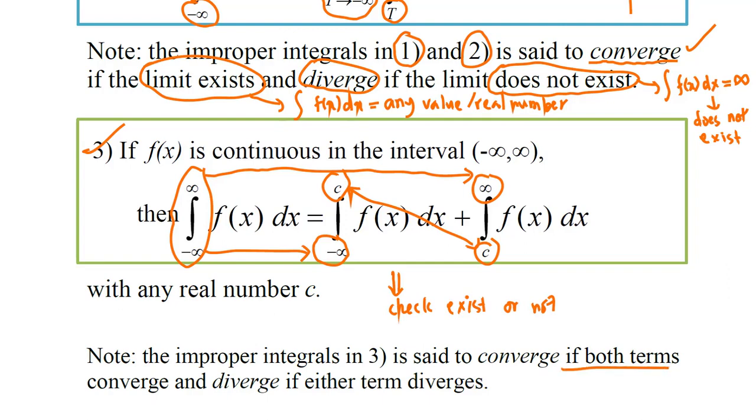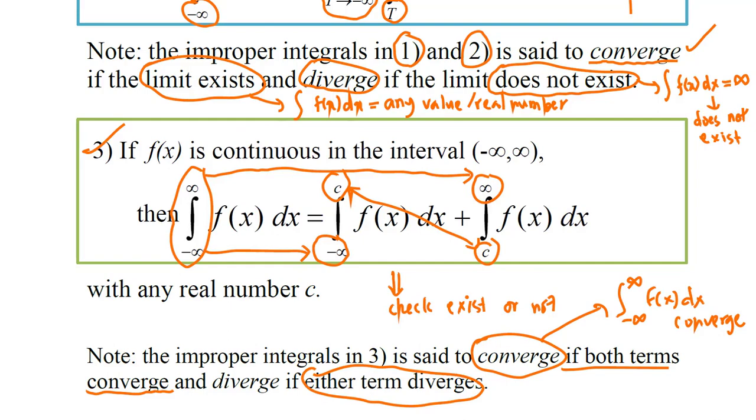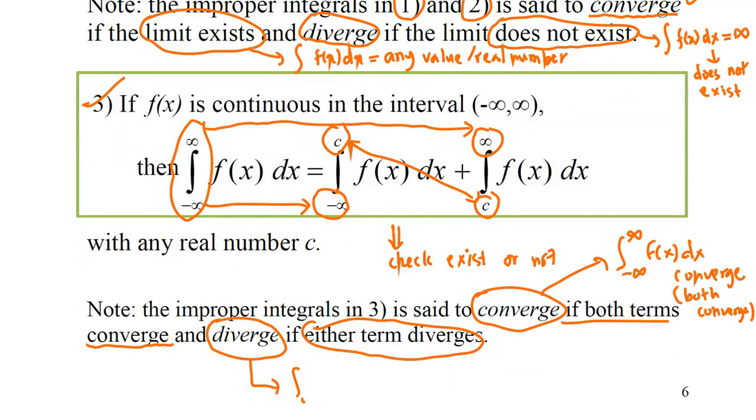If both terms are convergent, we say that the integral from negative infinity to infinity of f(x) is convergent. And if either term is divergent, for example only one term is convergent and the other is divergent, we say that the integral is divergent if either one is divergent.